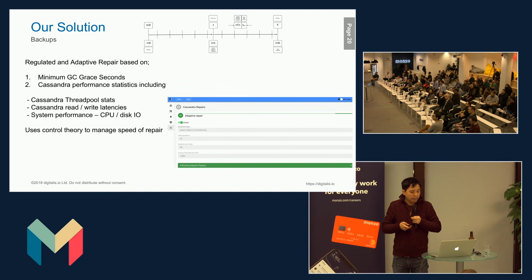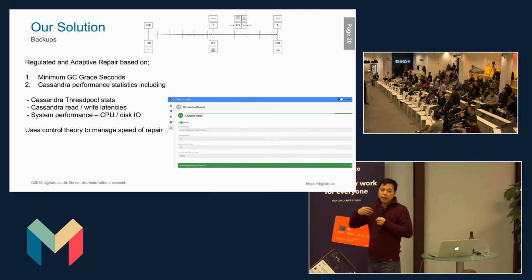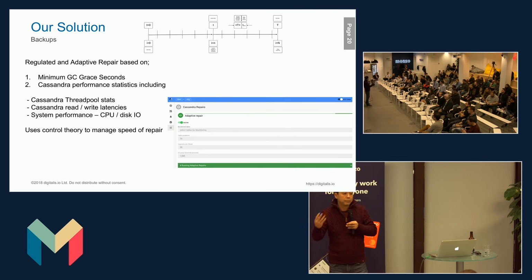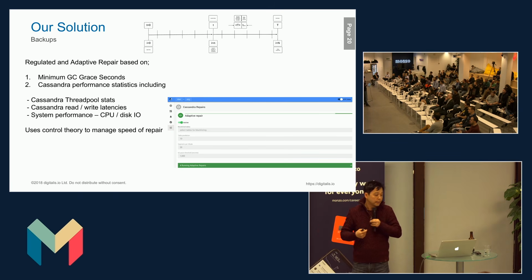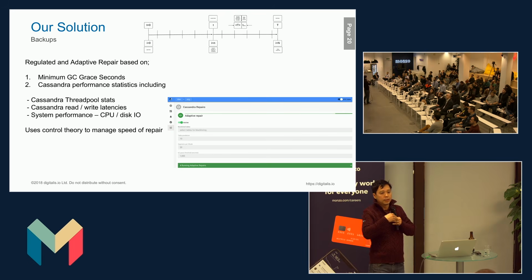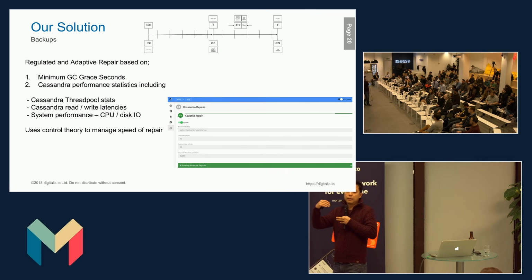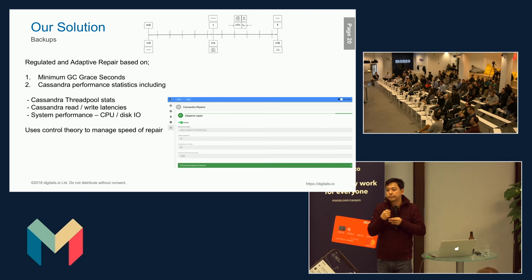We do backups and we do repairs. So we built something called adaptive repair. Because we're capturing the telemetry around how the cluster's performing, things like CPU utilization and throughput and latencies, we can actually slow down the repair process and then speed up when there are resources available to try and complete the repair process within the GC grace seconds.